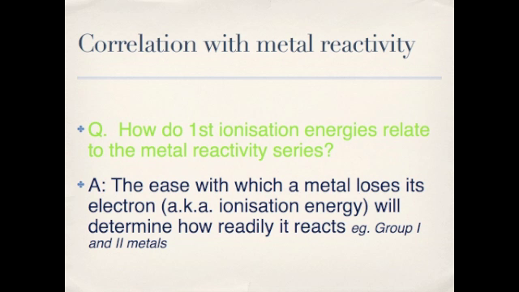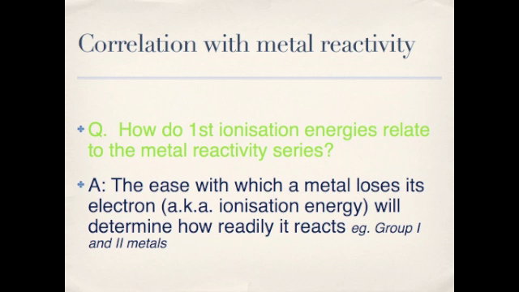Now, how does ionization energy relate with our topic of metal reactivity? We've already compared in past examples and activities demonstrating that some metals are more reactive than others. Is there a relationship between this ionization energy and metal reactivity? The answer is yes.